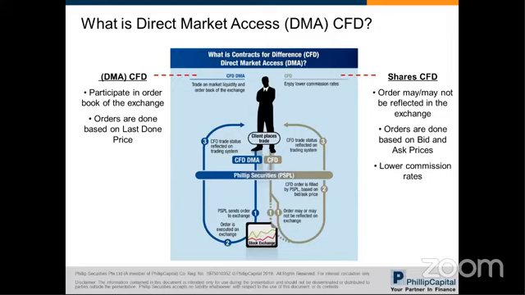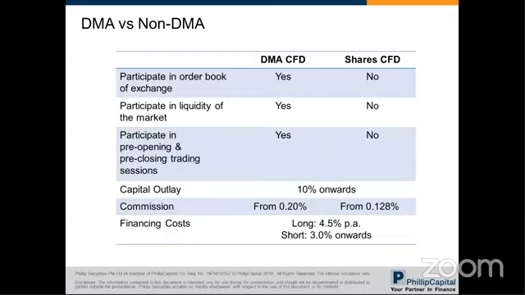When you submit, your orders are based on the last traded price itself, whereas for the share CFD, your orders are done based on the bid and ask reflected in the platform itself. If you look at both, the commission rates for share CFD, if you look further after this seminar, you can realize that the share CFD commission is lower as compared to the DMA itself. So this is the summary of it.